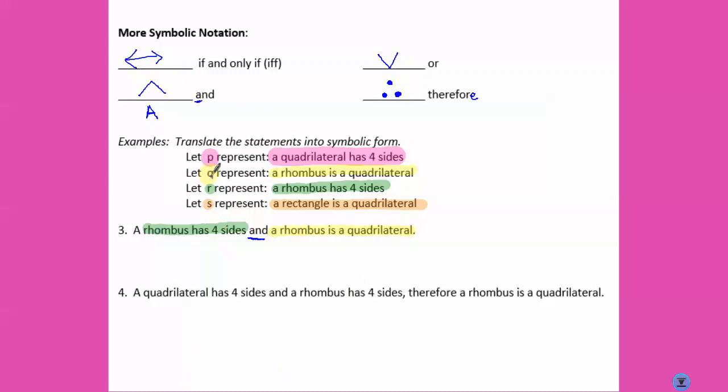So our green part was R, and is the up caret. A rhombus is a quadrilateral was Q. In our second statement, a quadrilateral has 4 sides, that's pink. And a rhombus has 4 sides, it's green.